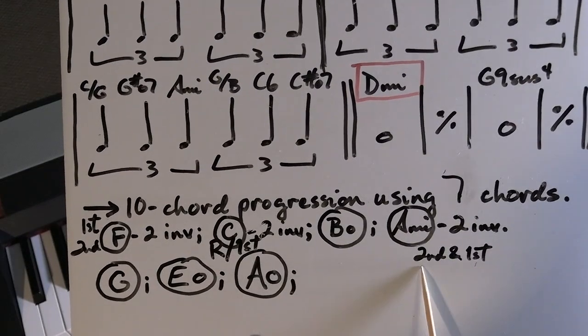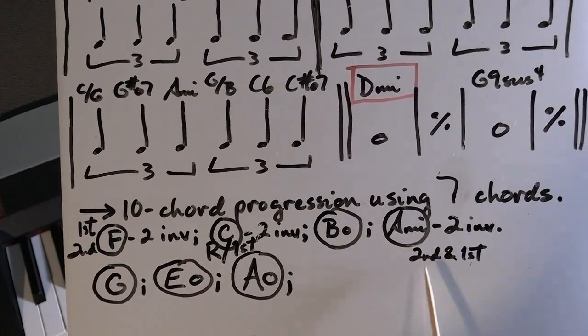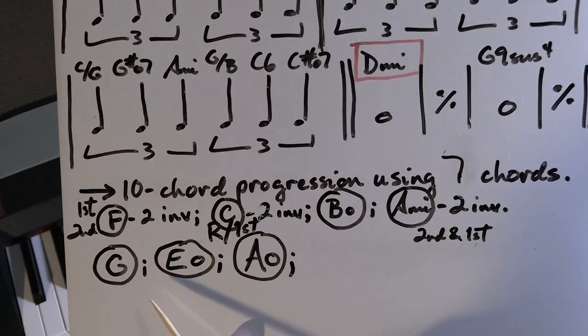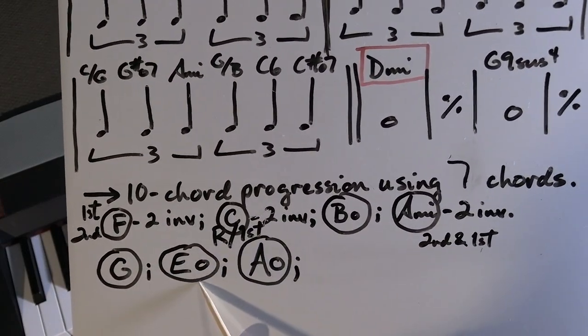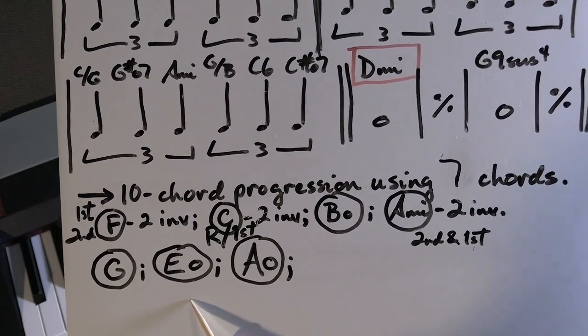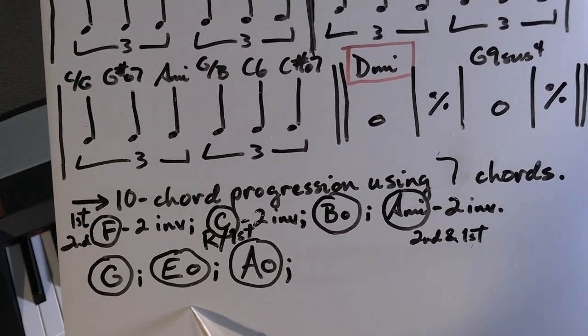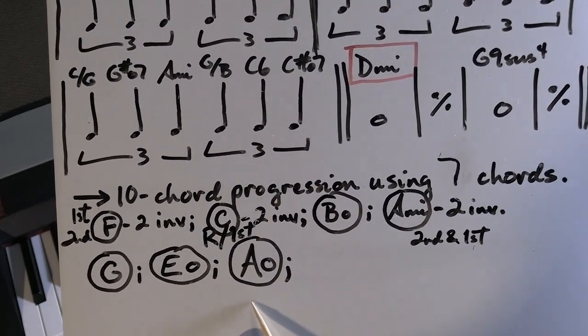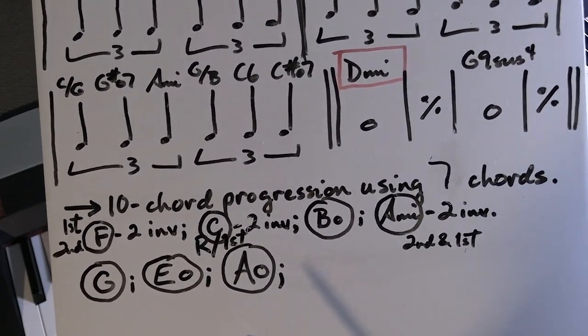A B diminished chord. It also uses an A minor chord, used twice, the second inversion and the first inversion. A G major chord used once. An E diminished chord, an inversion of that or a rearrangement of the spelling. And also an A diminished chord, a rearrangement of the spelling on that particular chord.